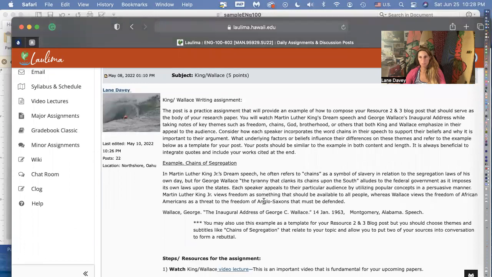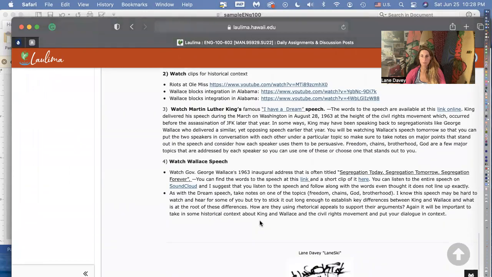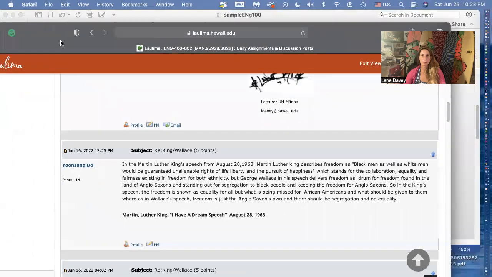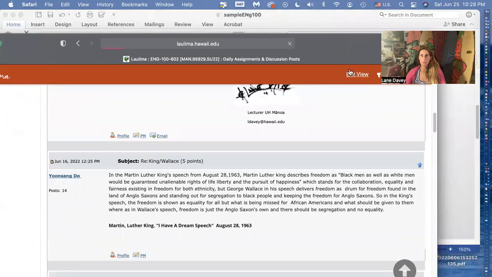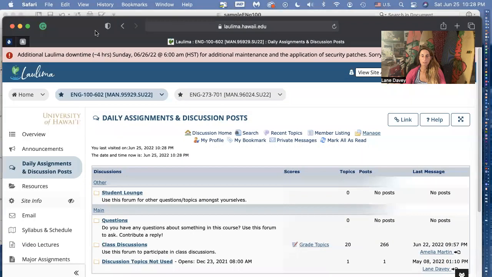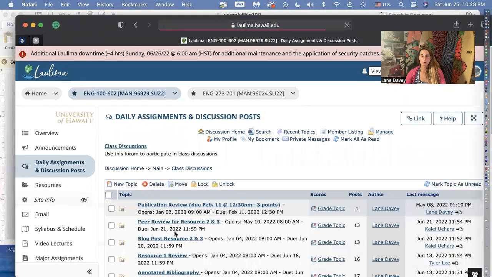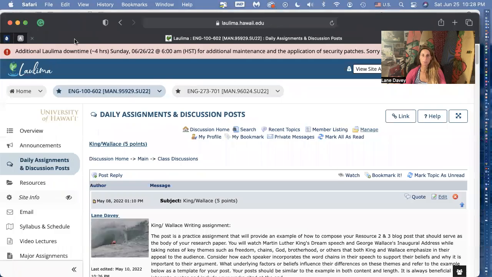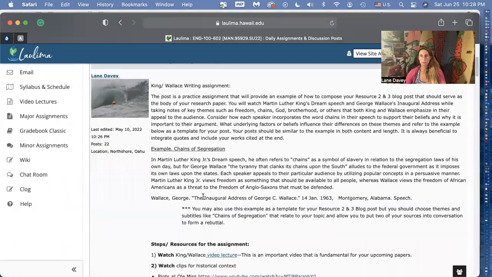And I had this example, and everybody did a great job on this post. For the resource 2 and 3, you were supposed to pick a theme, just like we did in the King Wallace. We used brotherhood, chains, freedom, God, all those things.